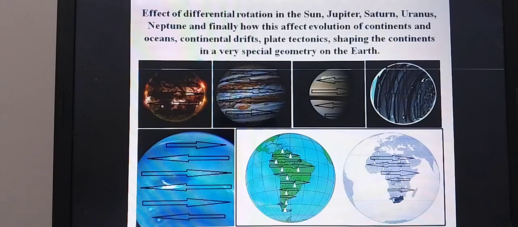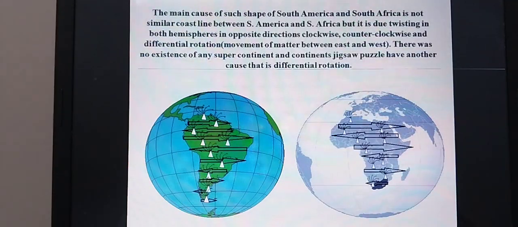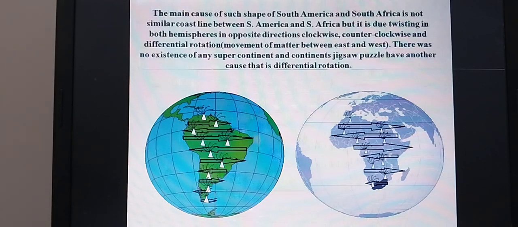This shape of Africa and South America, the main reason of such similarity of coastline and fitting of both continents and other continents, is not the existence of a supercontinent Pangaea.